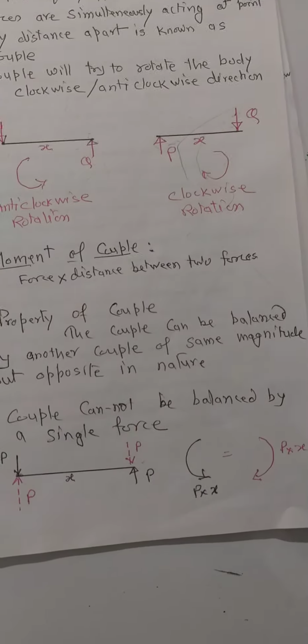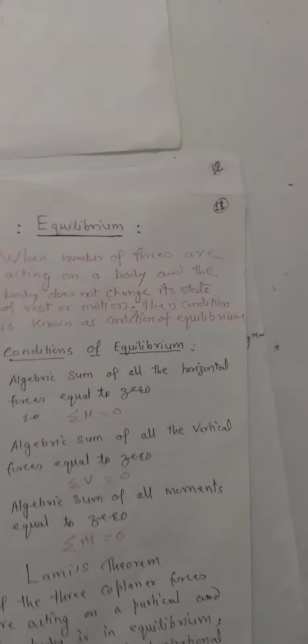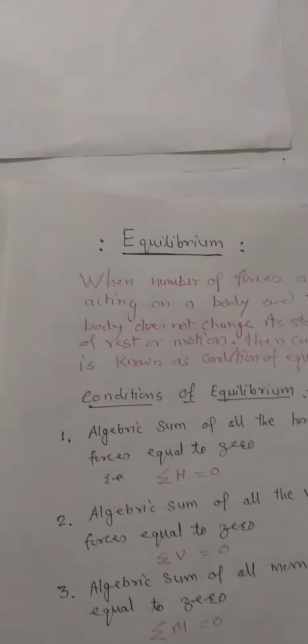Just see, this black one will try to rotate in this direction, while the red forces shown over here will try to rotate in the opposite direction. Magnitude remains the same, nature is opposite, so a couple can be balanced by another couple of the same magnitude and opposite in nature.